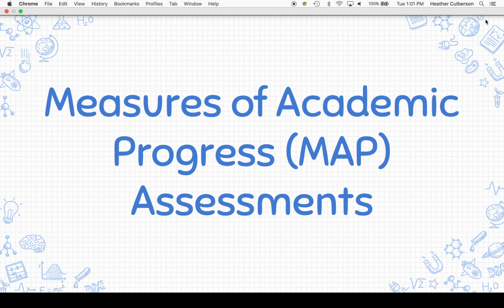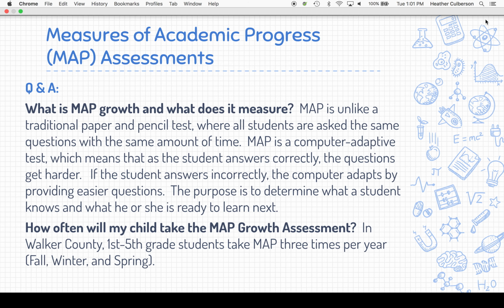So now let's talk about the MAP assessments. Those assessments are given in grades 1 through 5. And our MAP assessments are the same assessments that your children have taken twice already this year. So, we had a MAP assessment at the beginning of the year just to give us a pre-assessment and measure your student.